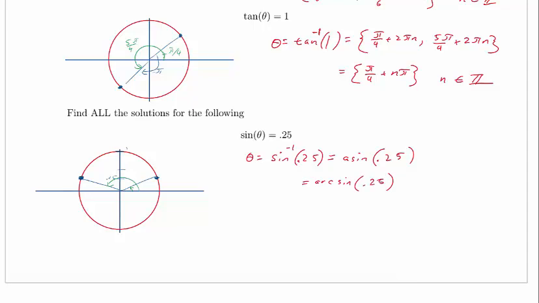But when you plug that in, your calculator will give you the value 0.25268014... 2079.